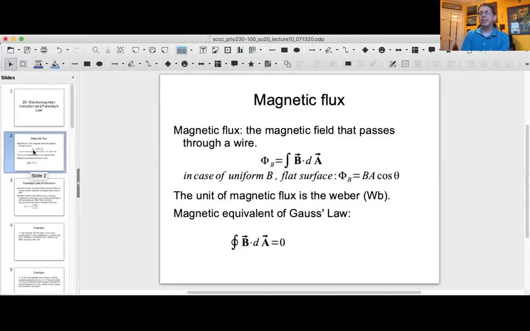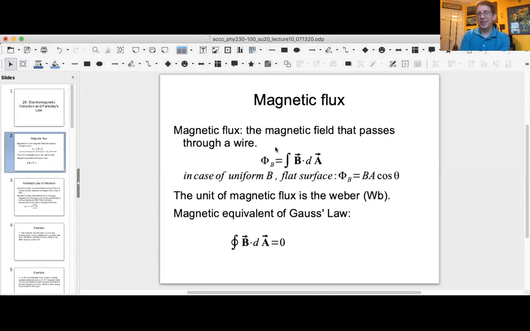Before we talk about a change in magnetic flux, we need to define what the magnetic flux is. It's just like the electric flux in the sense that it's the component of the magnetic field vector that penetrates through a surface, multiplied by the area of that surface. And again, like electric flux, that could be a tangible physical surface, but it doesn't actually have to be.